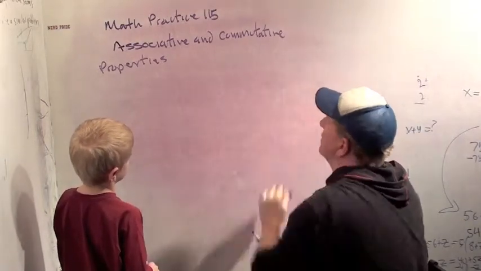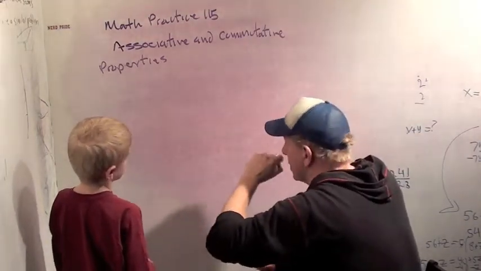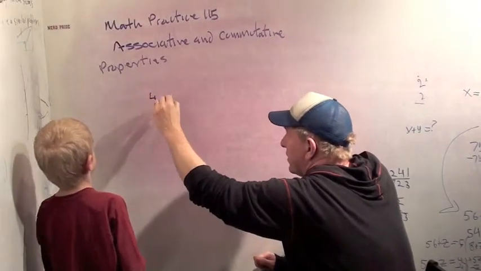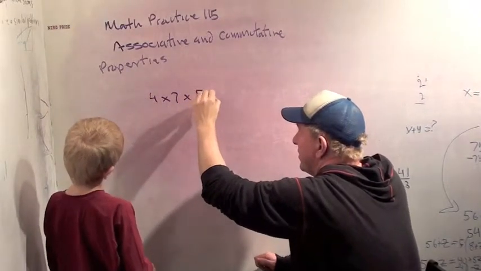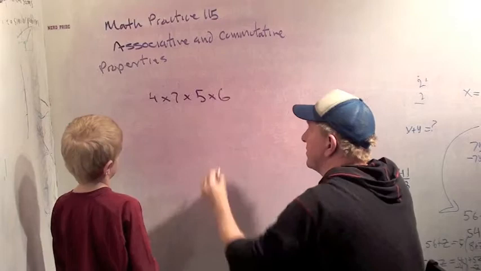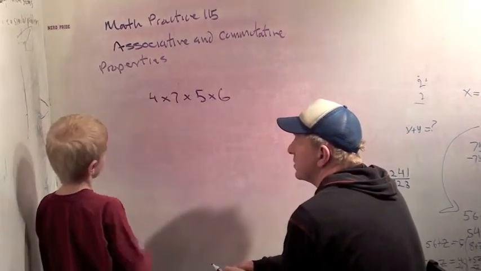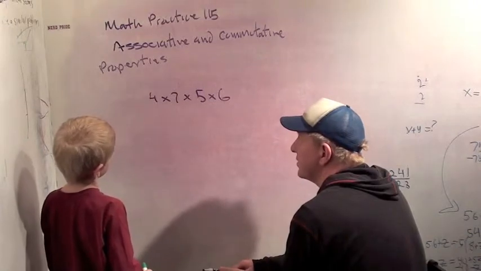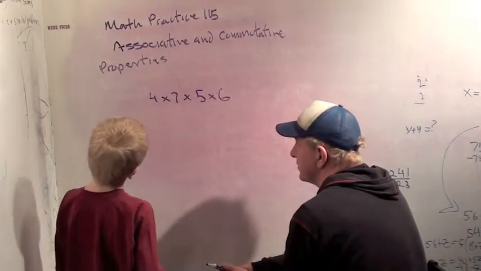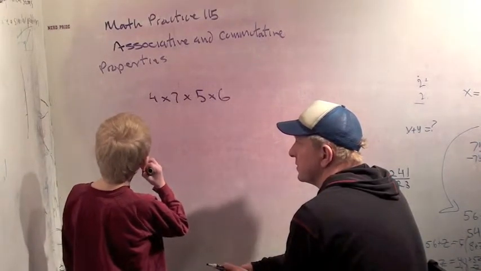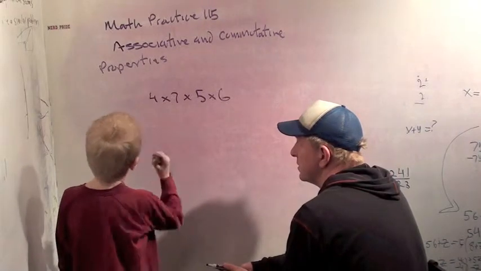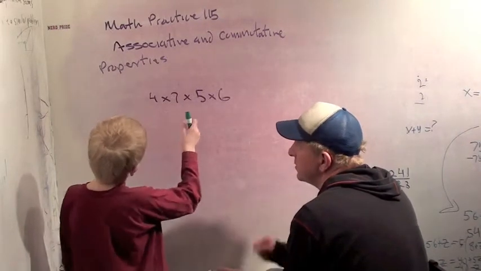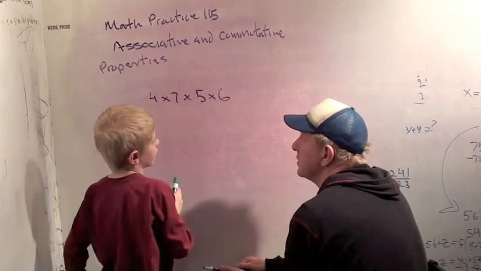Let's do 4 times 7 times 5 times 6. There's no 2 here to match with that 5. Well, you could do 5 times 4 is 20.